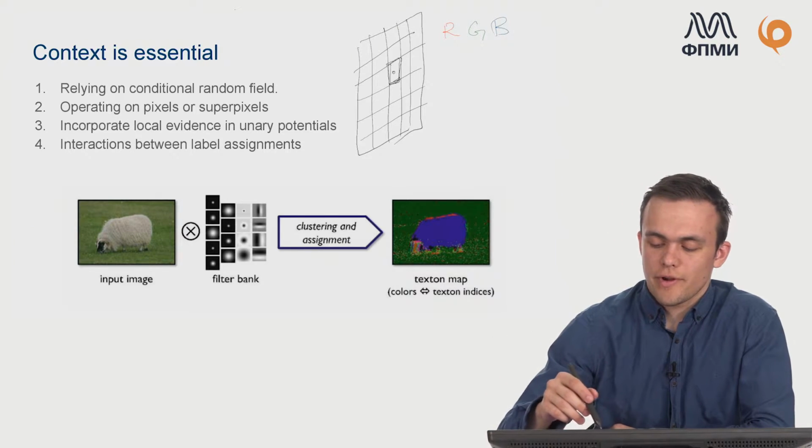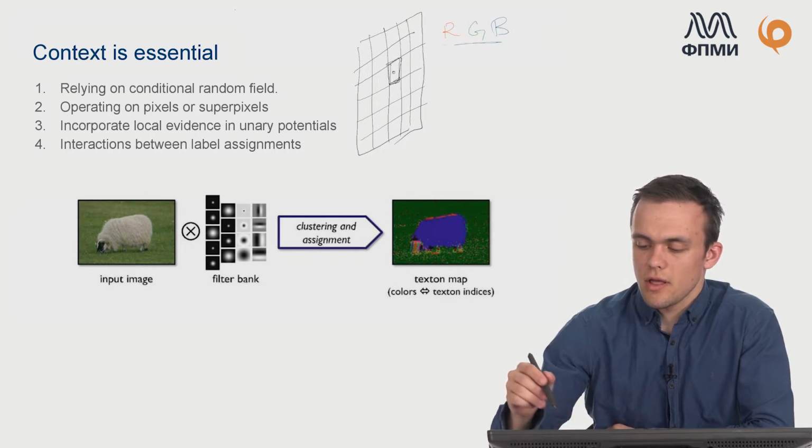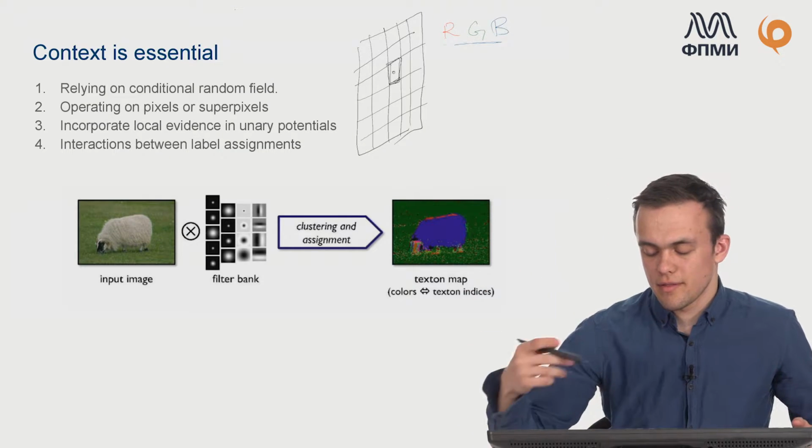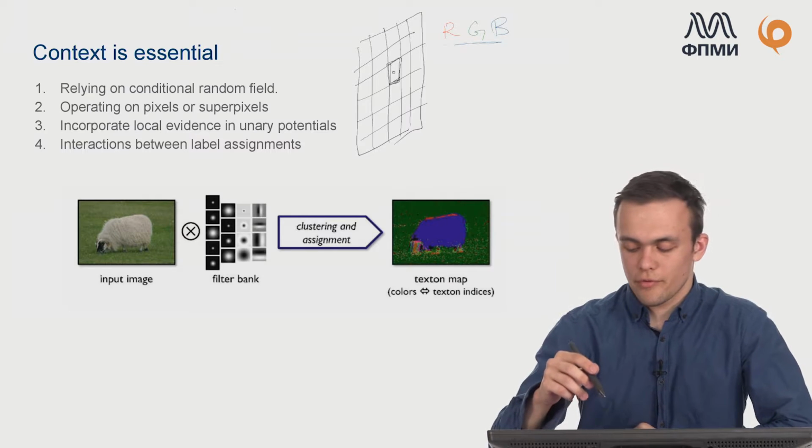And if we try to use only this information, we cannot determine the green ball on the green grass.